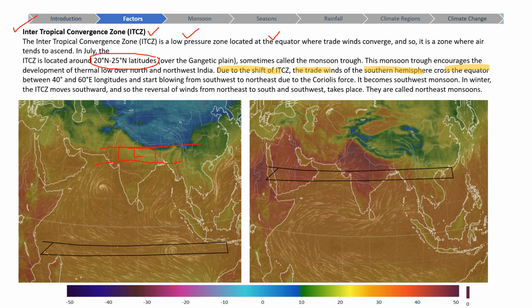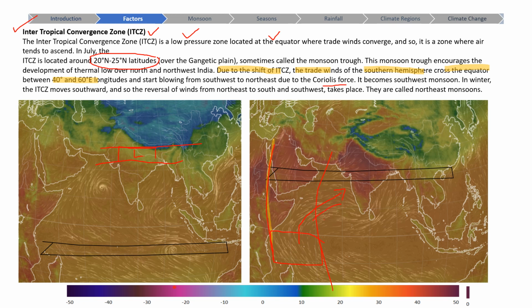These are the trade winds, crossing the equator here between 40 and 60 degrees east. Here is the diversion, and they start blowing from the southwest to the northeast direction due to the Coriolis force.